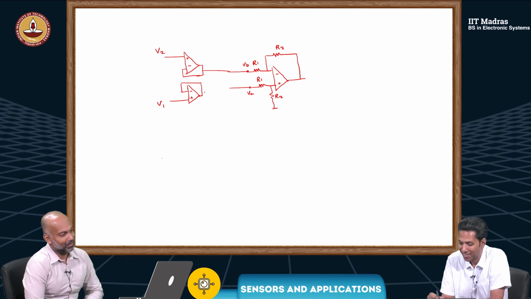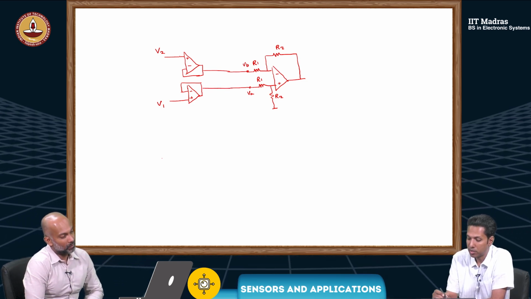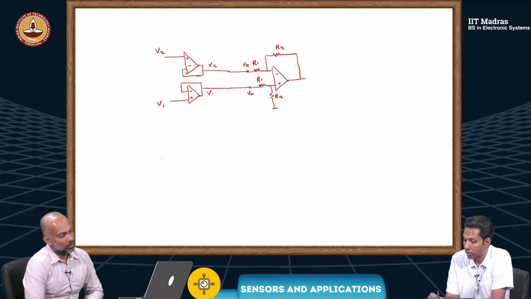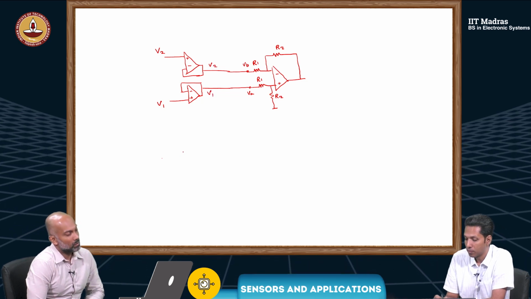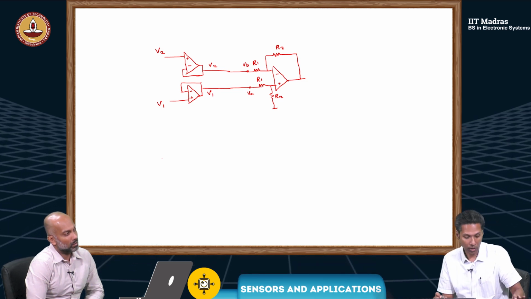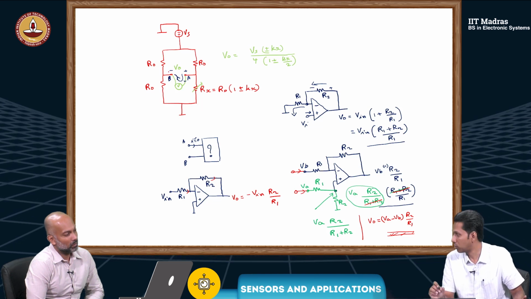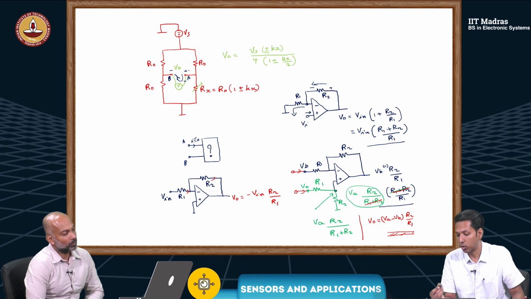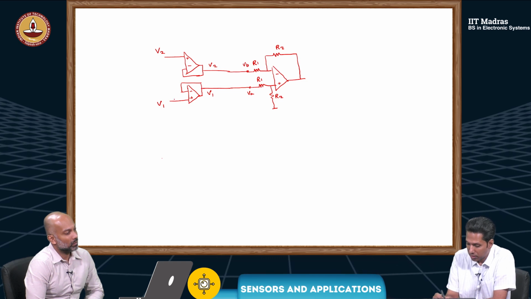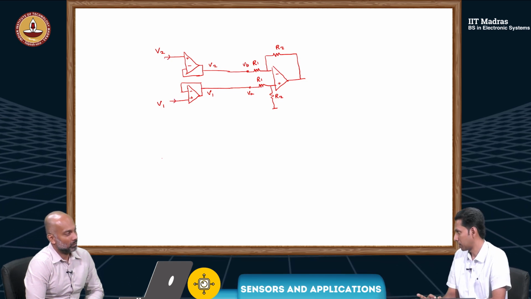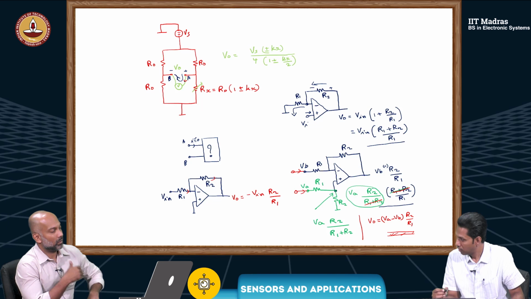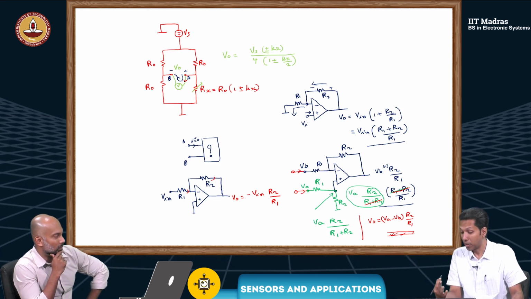Otherwise, it may get confused. So if we do this, this is a voltage follower. V2 is available here, and V1 is available here. Let's say V2 is the voltage at B, and V1 is the voltage at A. So this will not draw any current. So the actual problem that we were facing was because we drew some current from the output of the bridge.